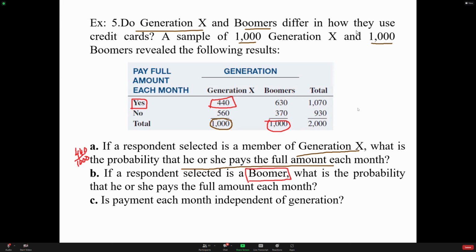That's correct, Denise. The number who pay the full amount among the boomers is 630. So the conditional probability for B is 630 over 1,000, so that is 63%.